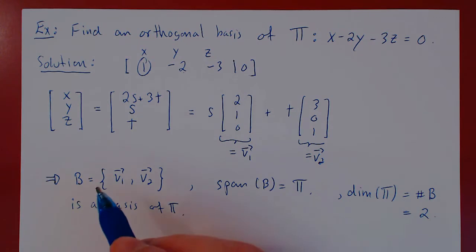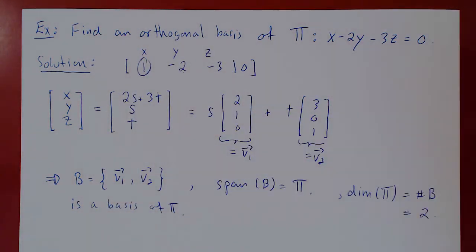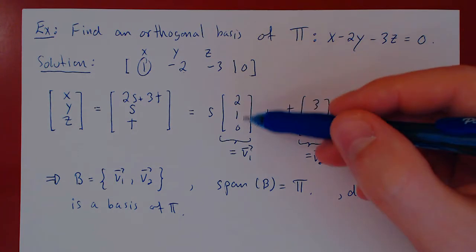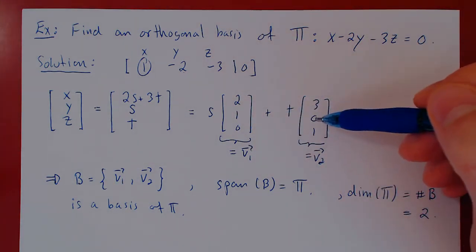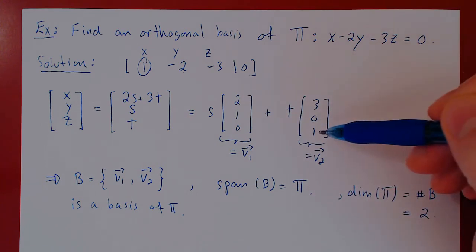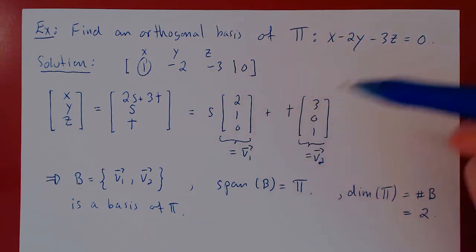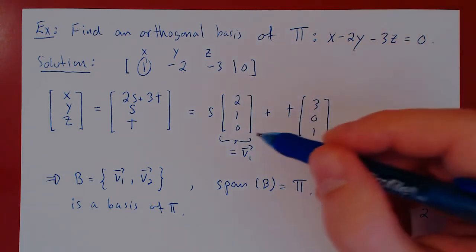Now that we have found a basis, the question was not just to find a basis, but find an orthogonal basis. Well, is this basis, V1, V2, orthogonal? Well, are the two vectors orthogonal to each other? Well, let's see. Vectors are perpendicular if they have a zero dot product. If you dot V1 with V2, you'll get 6 plus 0 plus 0, which is 6, which is not equal to 0.